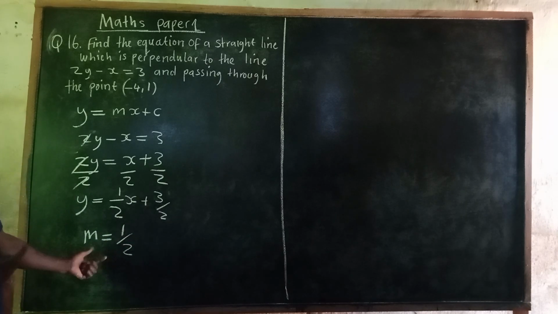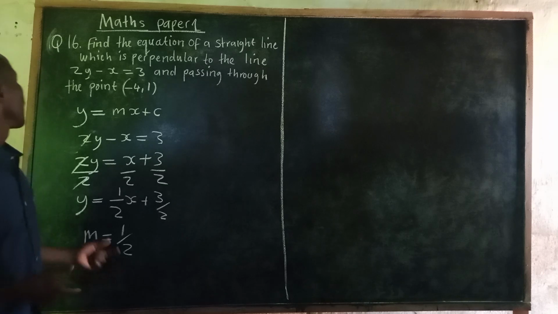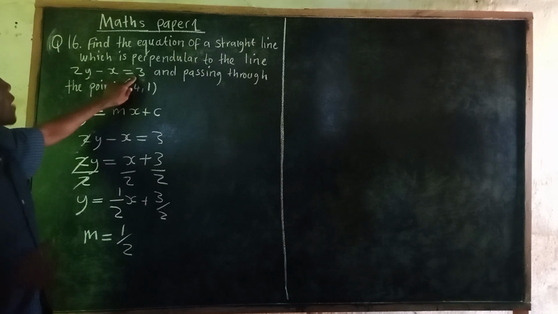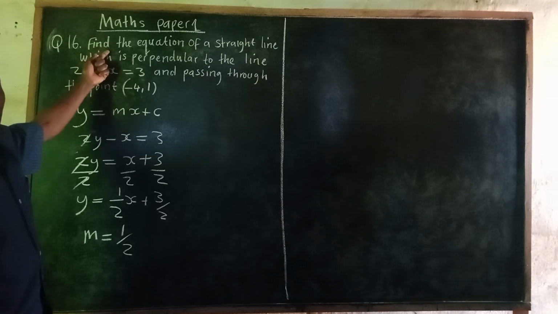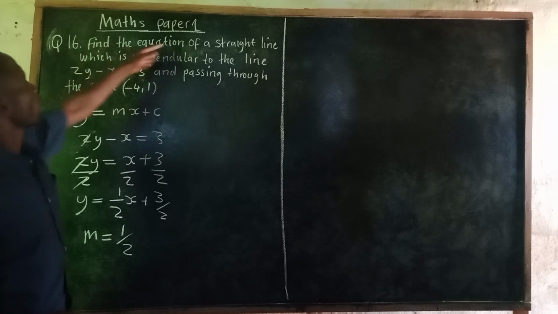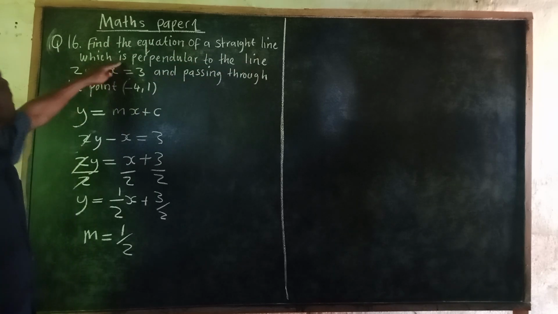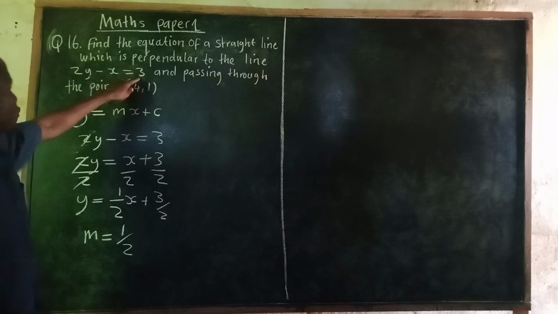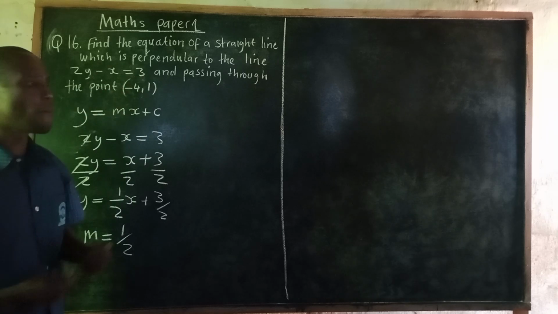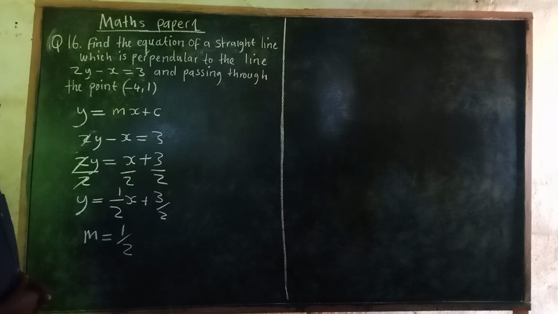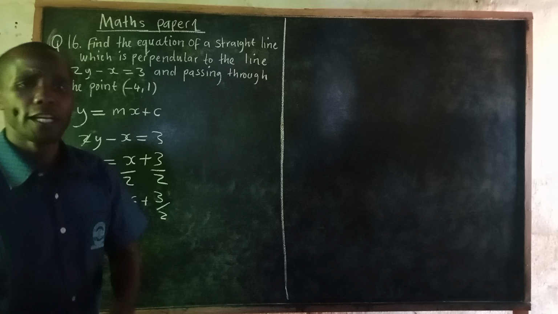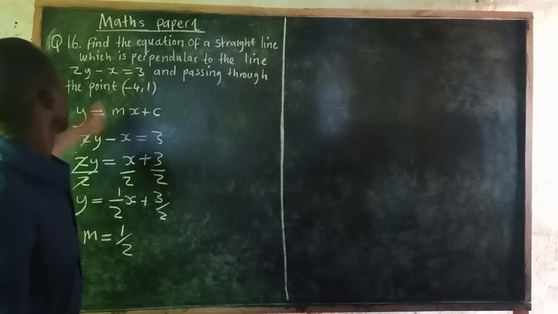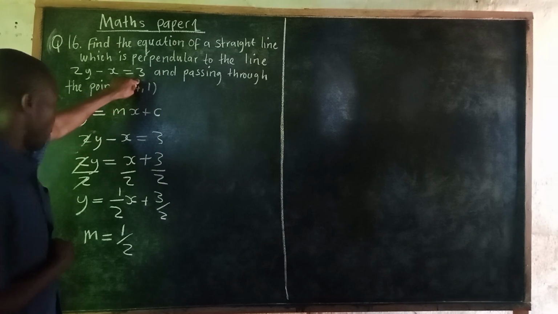Now remember, the gradient that you have just found is for the equation that you are given. When we get back to the question, it says, find the equation of a straight line which is perpendicular to the line, this one. The one that you are looking for is perpendicular to this equation which we have.